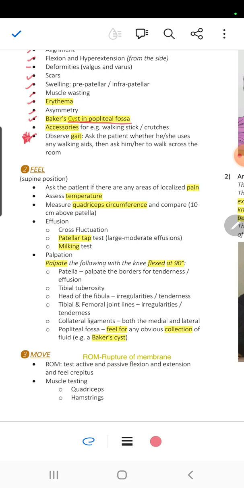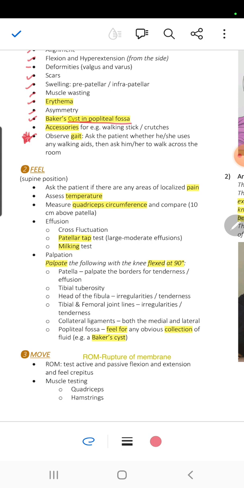Now, after the inspection part, I am going to tell the patient, okay, now I'm going to feel around your knee. If you feel any sort of discomfort, kindly do let me know. Temperature and tenderness are the first two important points for any palpation.